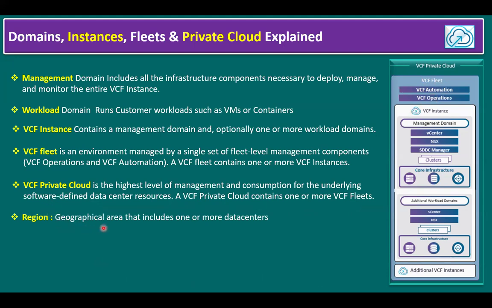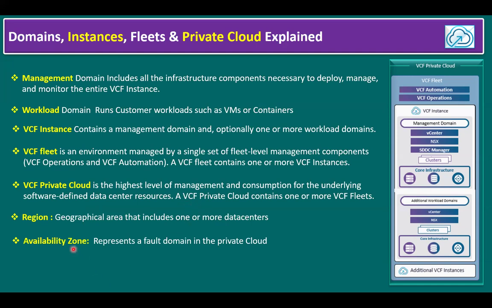A region means a geographical area that includes one or more data centers. Like in our case, we have site A and site B. Within an organization, one location is site A and another location is site B. Those same sites we consider as a region within a geographical area. One data center we call site A, another data center we call site B.